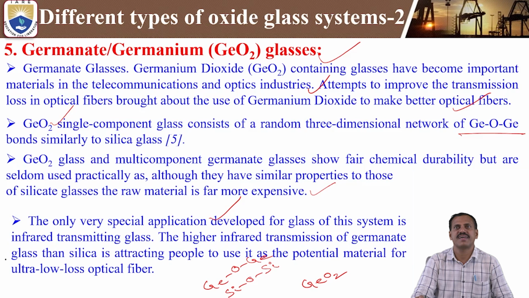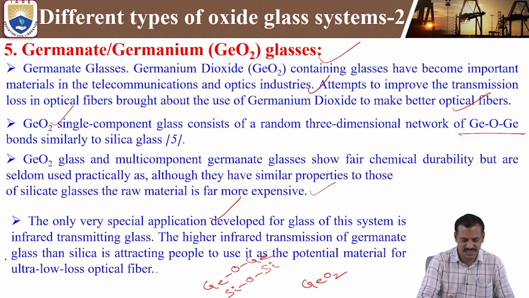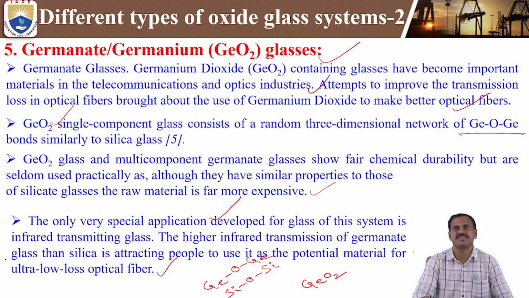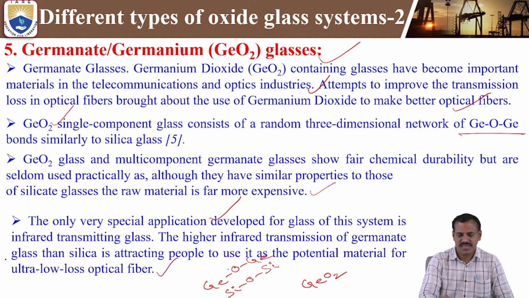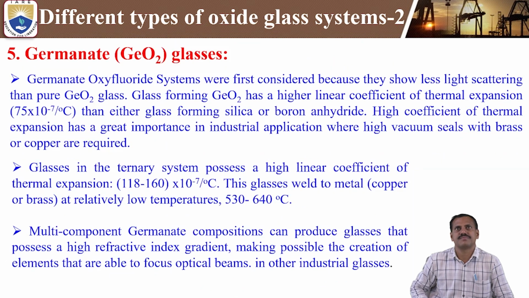The higher infrared transmission of germanate glass than silicate attracts people to use it as a potential material for ultra low loss optical fibers. This is also one of the advanced applications for germanium based glass systems.